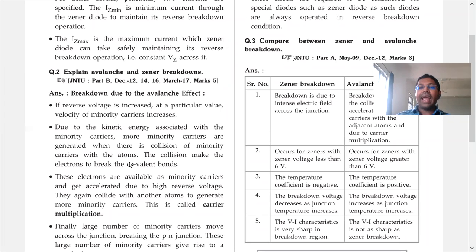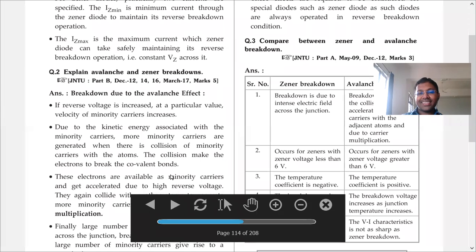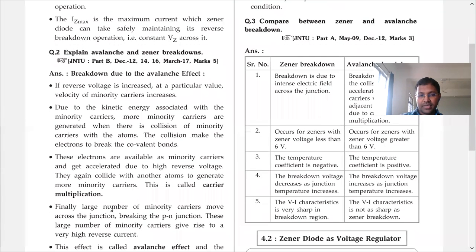These new electrons will further collide with neighboring atoms because the voltage is still there, and they keep on releasing charge carriers. This is called carrier multiplication.